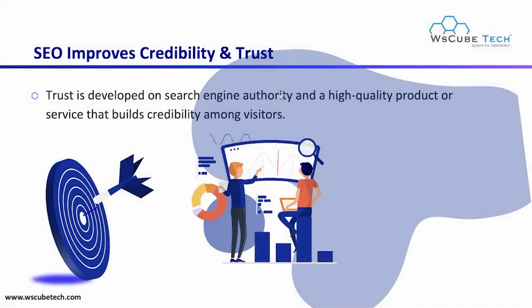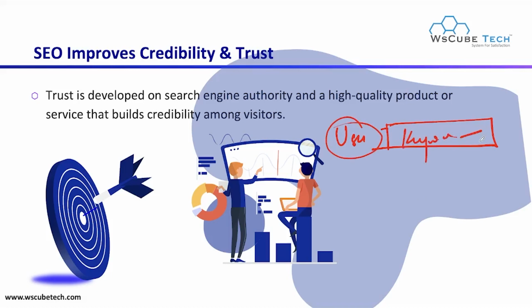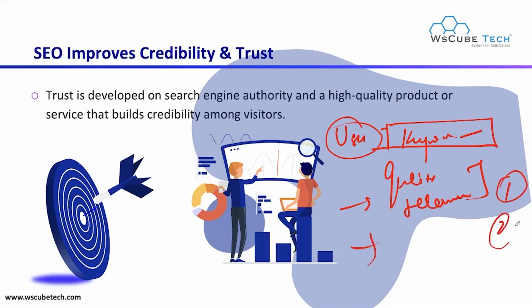SEO improves credibility and trust. See what happens when a user puts any query on Google. Let's suppose Google is our most popular search engine, and if a user puts some query or keyword on Google, they rely on Google to provide good quality and relevant results, and that's why they click on the first or second result.